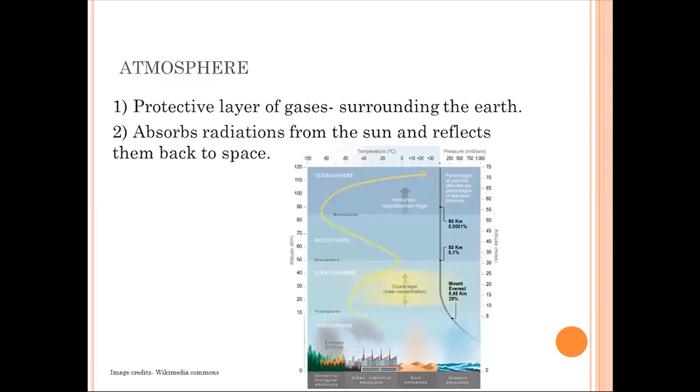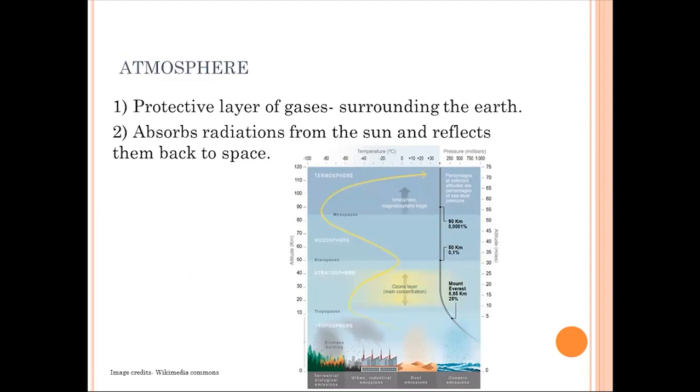The third component of environment is atmosphere. Atmosphere is a protective envelope around the lithosphere and hydrosphere that protects life from harmful radiations.